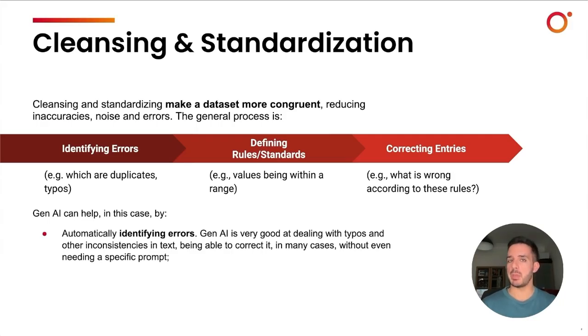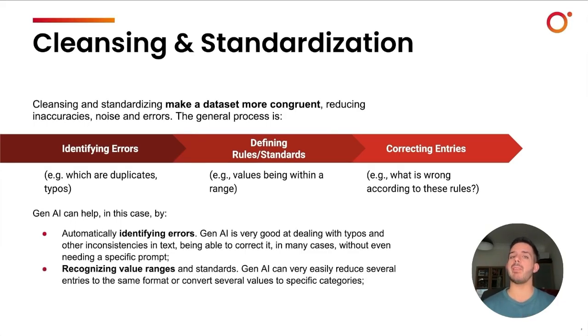Obviously, you want to guide it with a specific prompt, but chances are, if you just copy-paste a dataset onto a text generative AI model and you tell it to fix it, it's already going to do wonders for you. Or for example, it can also automatically recognize the value ranges and the standards themselves for specific fields. That is, GenAI is very good at reducing several entries to the same format or converting several values to specific categories. It's very good at standardizing values by itself.